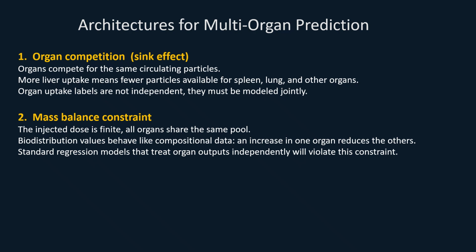Second, and again a related point, is that the dose is finite. The fractions going to each organ have to add up. That makes this compositional data. If your model predicts each organ independently, the numbers won't sum correctly, and you will get outputs that are physically not possible.